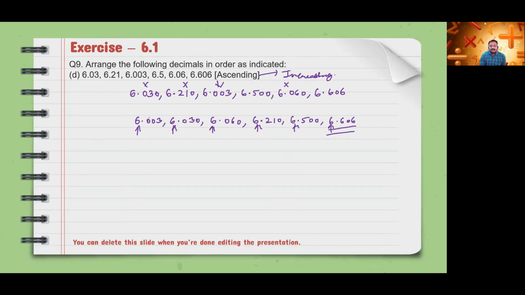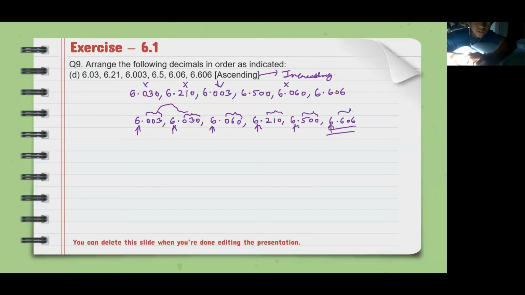The whole part is the same for all the decimal values. You have to compare the fraction part only. From there you will decide which one is greater, which one is smaller, and according to that you will write in the given indicated order.